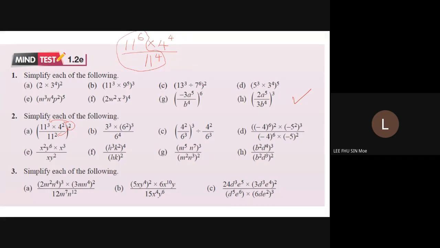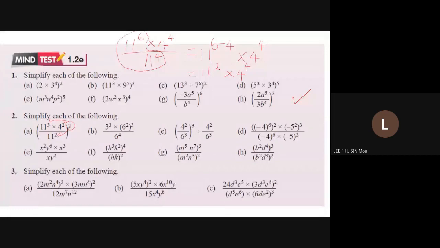So the final answer will be 11, you just copy down, and then you put 6 minus 4. And then this one, times 4 to the power of 4, you just copy down, times 4 to the power of 4. So the answer will be 11 power 2 times 4 power 4.